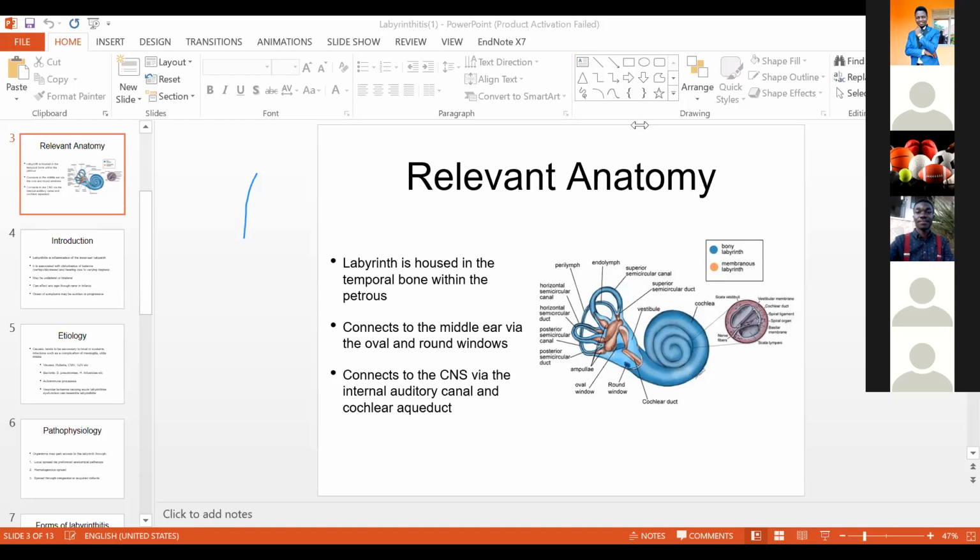So your assignment for this week is to define the definition, pathophysiology, and management of subperiosteal mastoid abscess. Management includes treatment and complications.